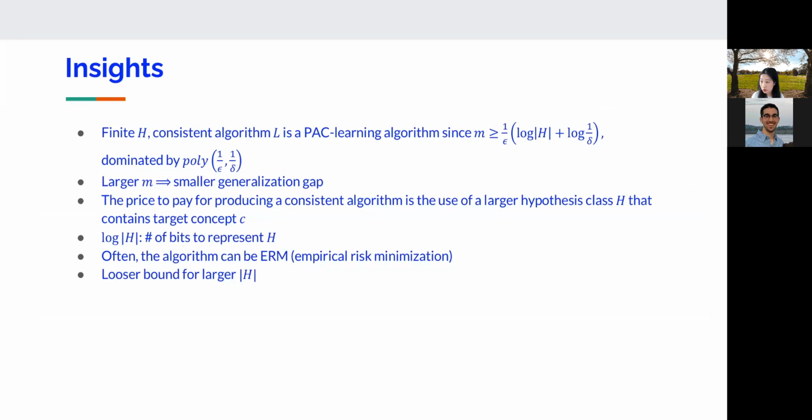Of course, the bound is going to be looser if you have a larger hypothesis class, which is, again, an easy argument to understand. So this is a list of insights I wanted to emphasize. Any questions?